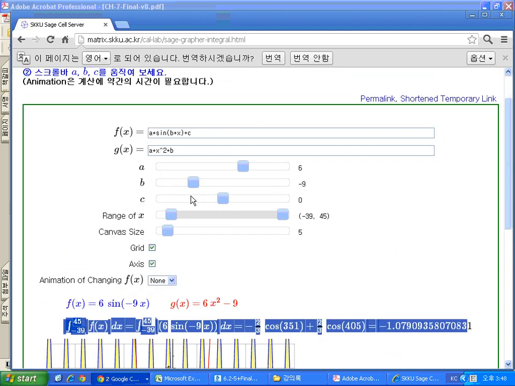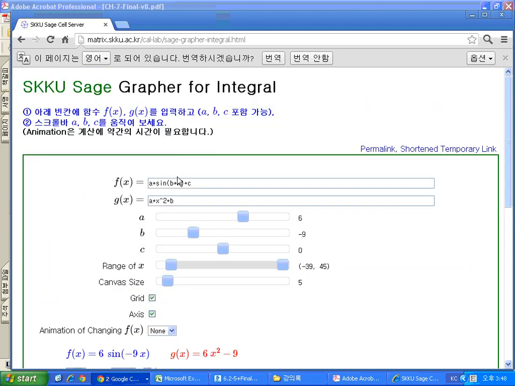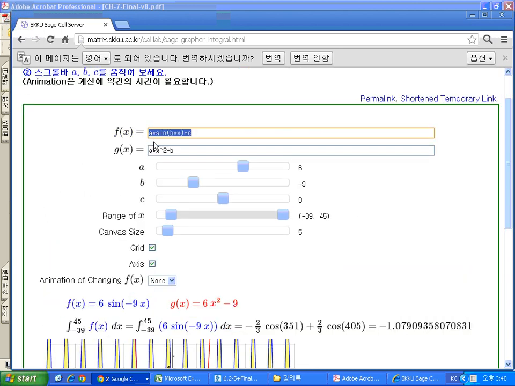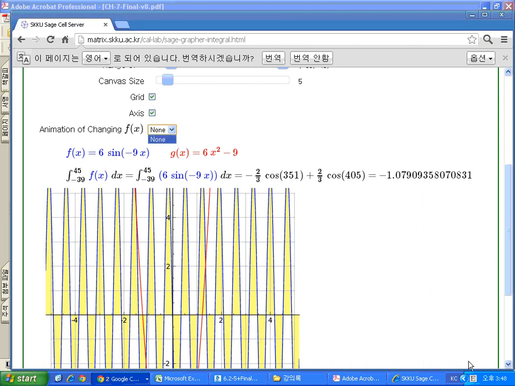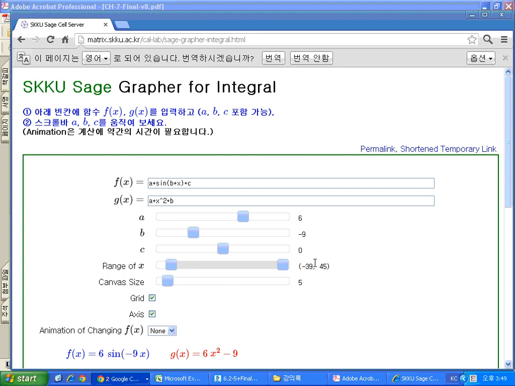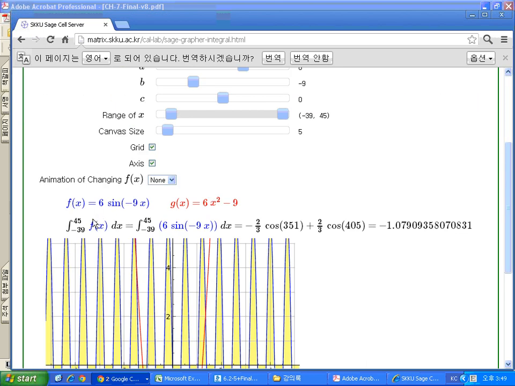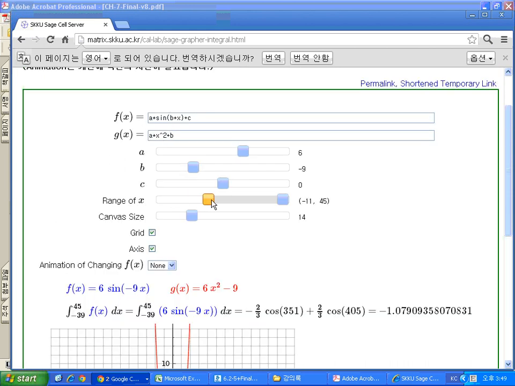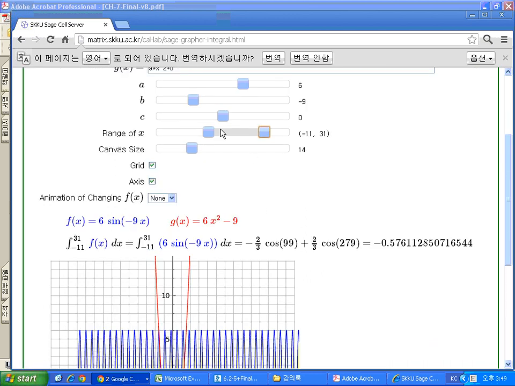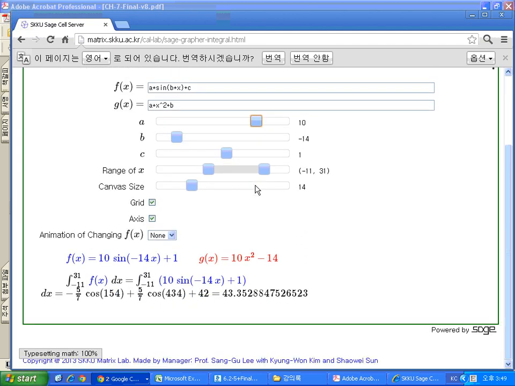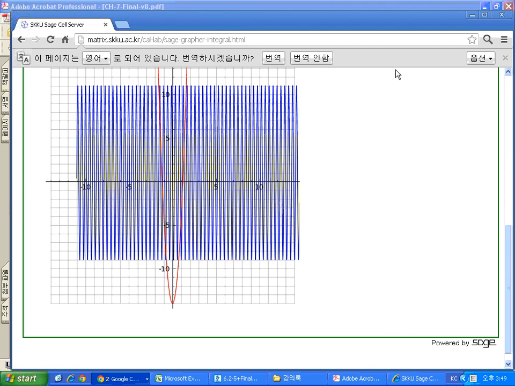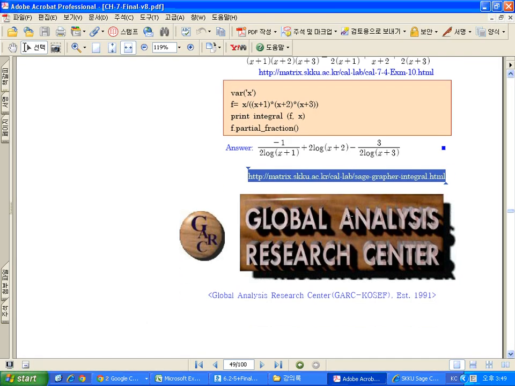So actually, with this cell, you can find the integral of this type of function without doing anything. We just tried to show the given function and its integral with the interval that we can set, with different coefficients and conditions. Okay, anyway, that's what we have done.